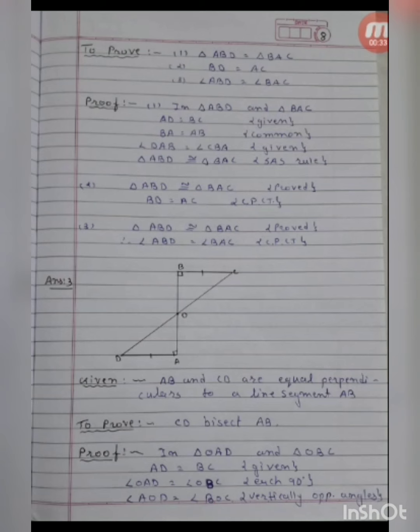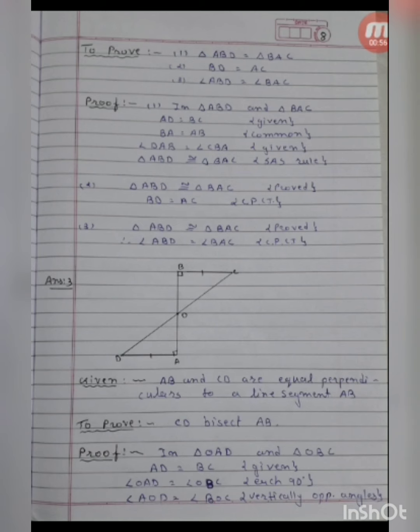Proof. First, in triangle ABD and triangle BAC, AD is equal to BC is given, BA is equal to AB is common, angle BAD is equal to angle CBA is given. So, we can write triangle ABD congruent to triangle BAC by side angle side rule, means SAS rule.